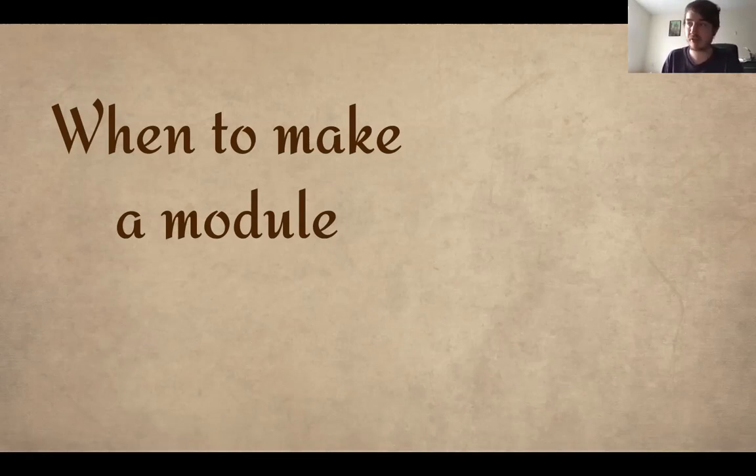I think as you carry on working with modules, eventually you get to a point where you realize, okay, this module is getting too big. You make a quite large-ish module, and then you figure out when it's a good time to break it up.